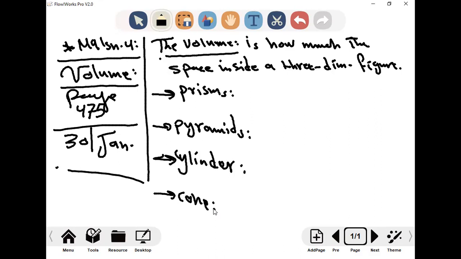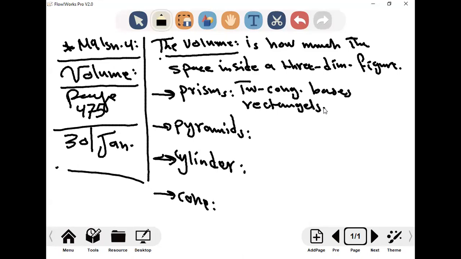The two famous prisms are the rectangular prism, like this room, and the triangular prism. A triangular prism means its base is a triangle. A rectangular prism means its base is a rectangle. So the sides are rectangles, and we have 2 congruent bases.